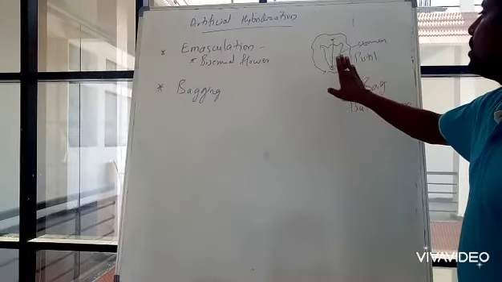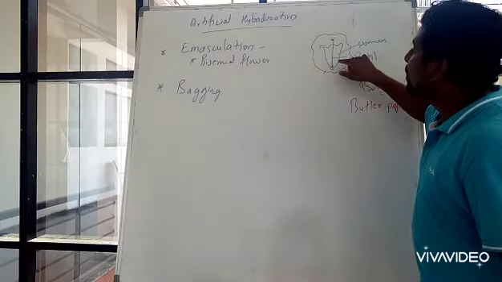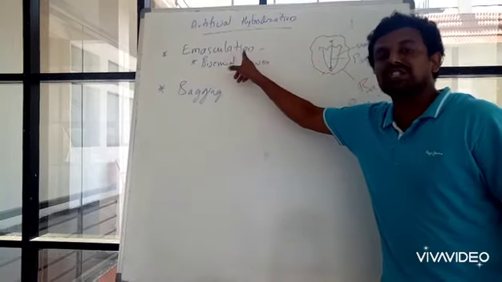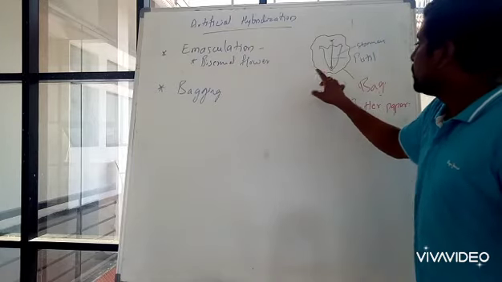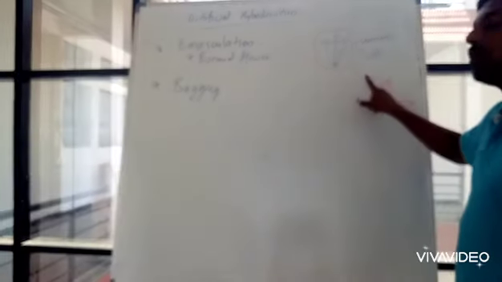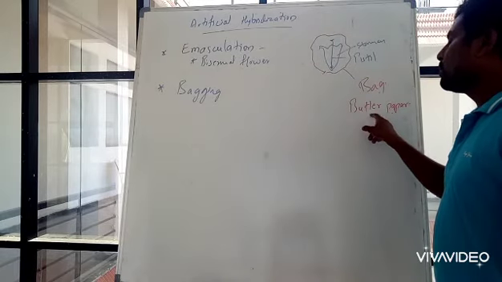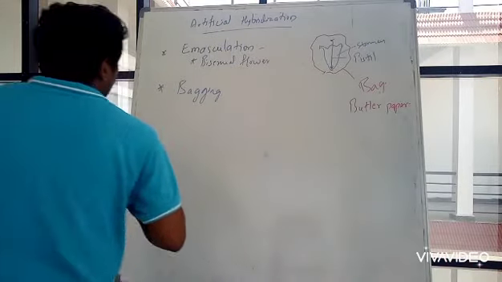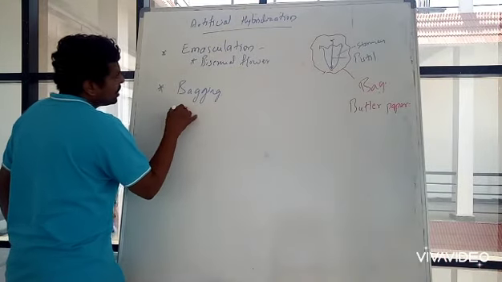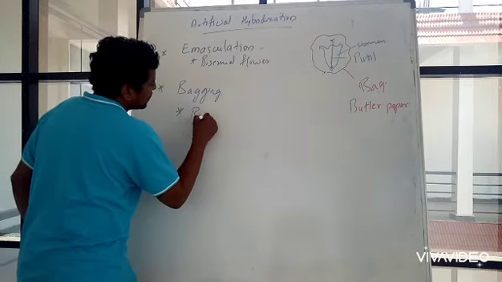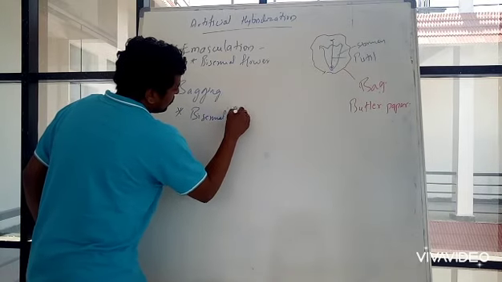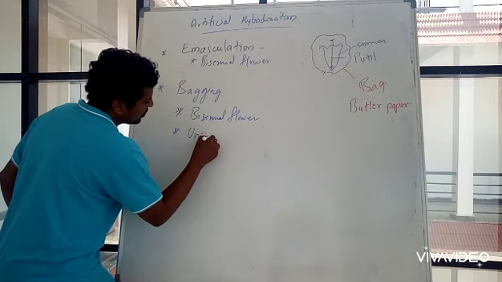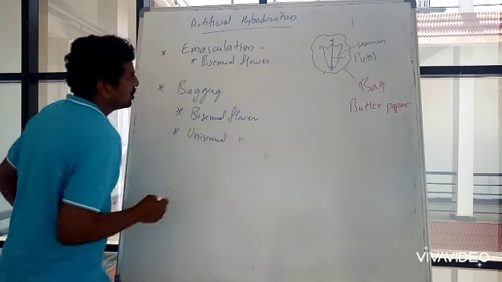This technique where you are removing the male reproductive part, the stamen, with the help of forceps is known as emasculation. The process of covering the flower with a bag-like structure made up of butter paper is known as bagging. Bagging can be done for a bisexual flower or a unisexual flower.